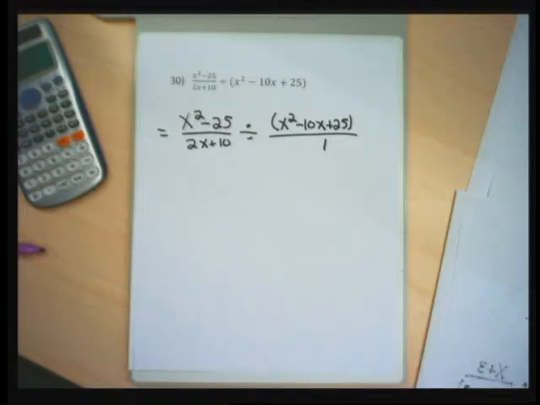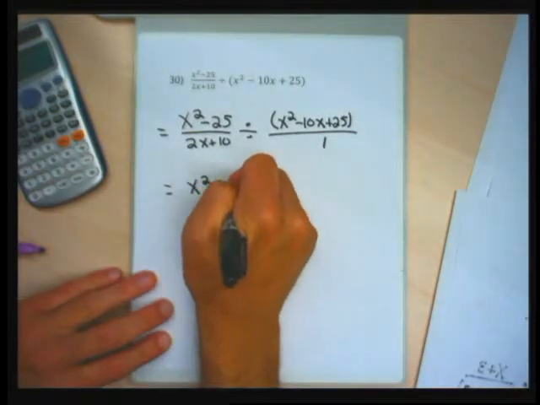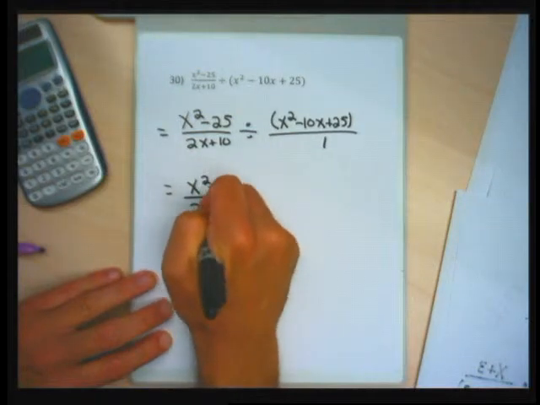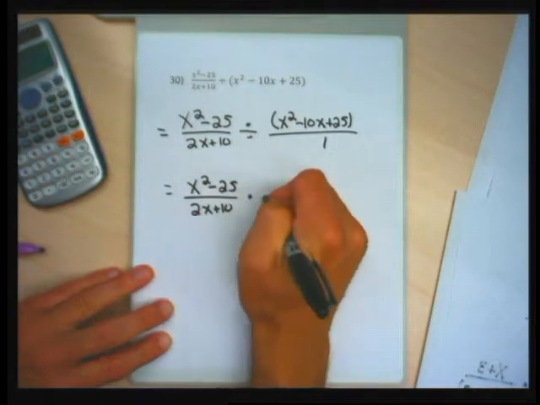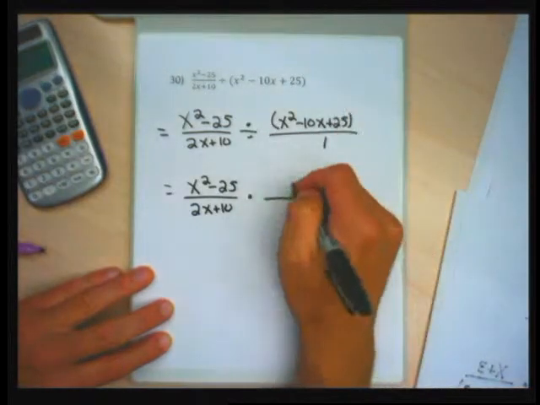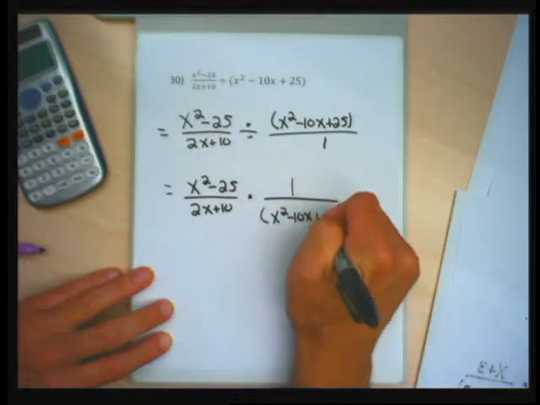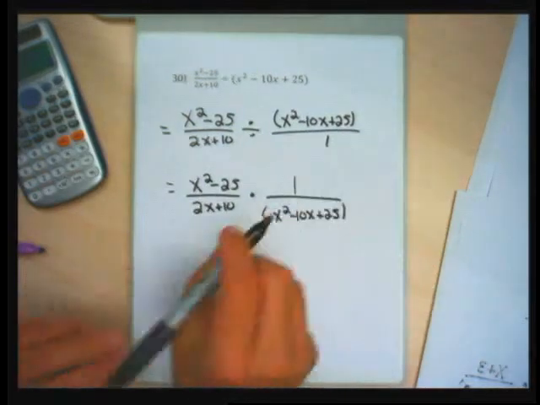When I'm dealing with a division problem, I need to change the division problem to a multiplication problem. And I make a division problem a multiplication problem by flipping the fraction to the right of the division sign. So I'm going to take that division sign, make it a times sign, and flip this fraction. I really don't need this parentheses, but it's okay to have it as well.